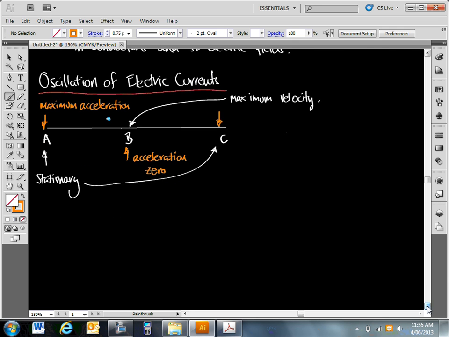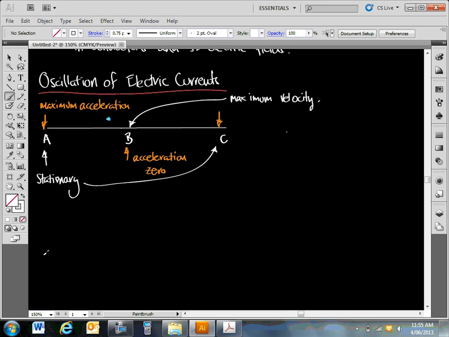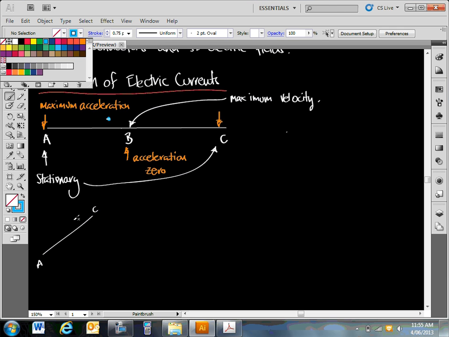If I want to make an electric field, I have that situation, and let's look at the same thing here, except I've put it in a different orientation. There's A and there's C, and I have these electrons oscillating up and down.